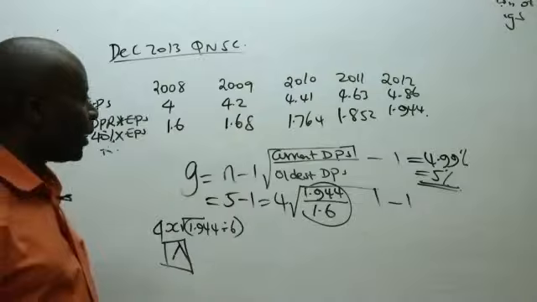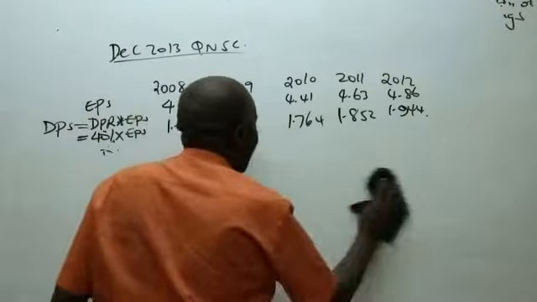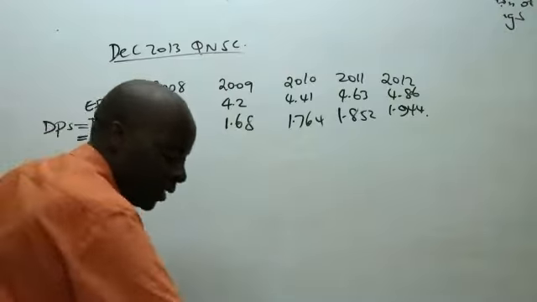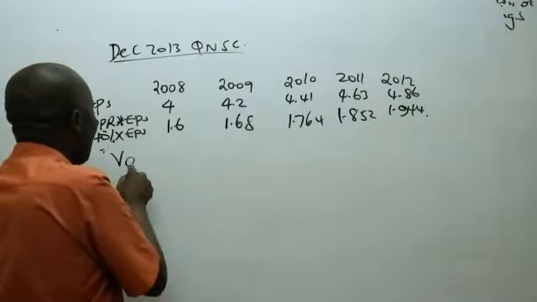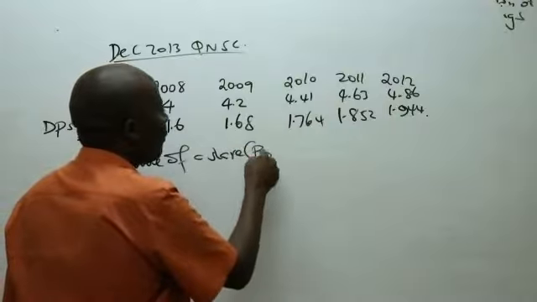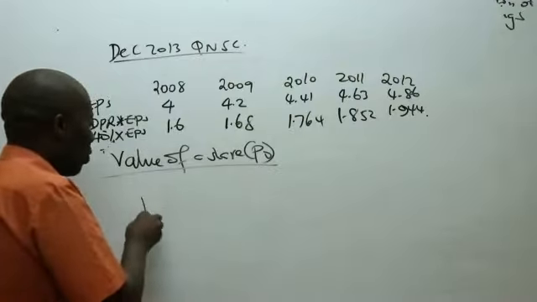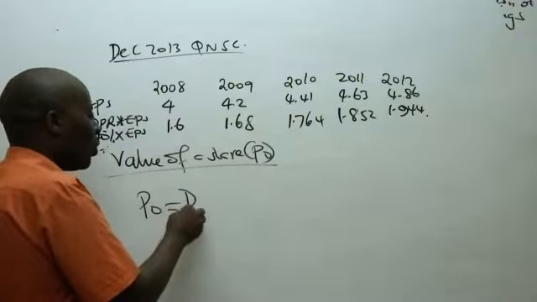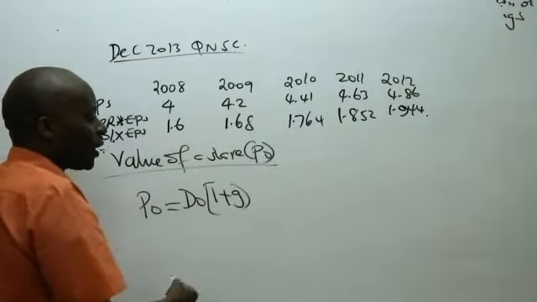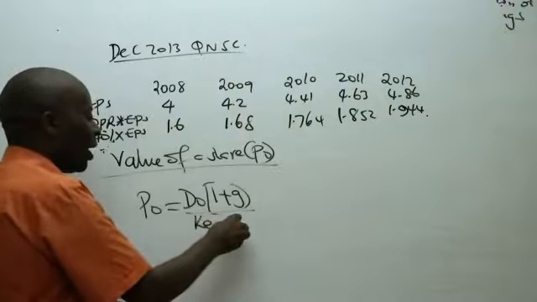If that is the case, I will remember very fast how to get the value of a share, the current value of a share, that is our P0. P0 will always be equal to D0 times (1 plus g) all over (ke minus g).